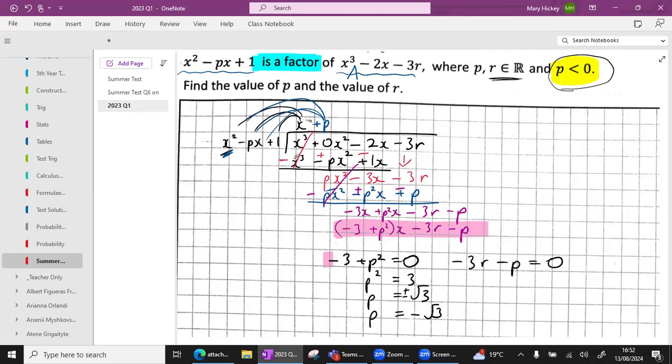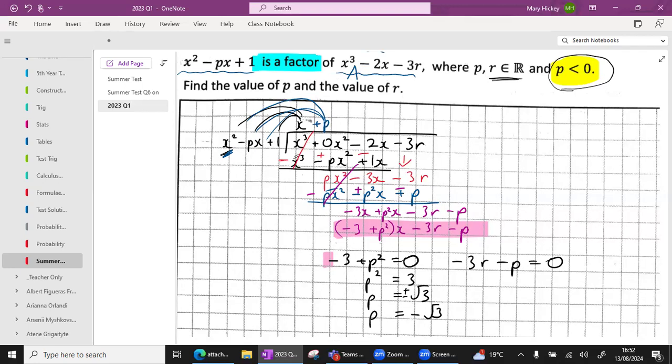The reason it has to be, is it negative 3? Minus 3. Let's go back and check. That's x cubed minus px squared minus.